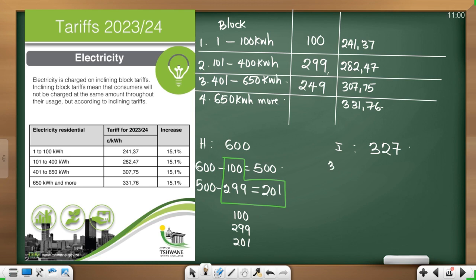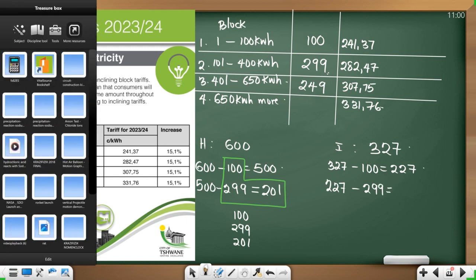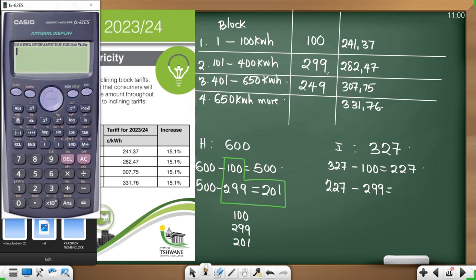Next one, 327. So we say 327 minus 100. That gives me 227. Then I'll check 227 minus 299. Let's see what's going to happen. I'm getting a negative.